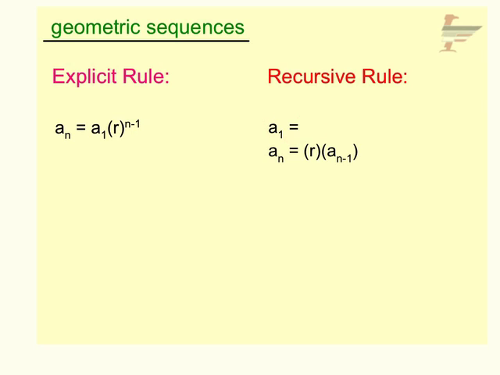Start out by telling everyone what the first term is, and then your rule, here is that previous term, and you can see that it's being multiplied by the ratio. So anyone following a recursive rule would start out with the first term you gave them, and then they'd say, well, what do I do with it? And they would say, okay, I take the previous term and multiply it by the ratio.